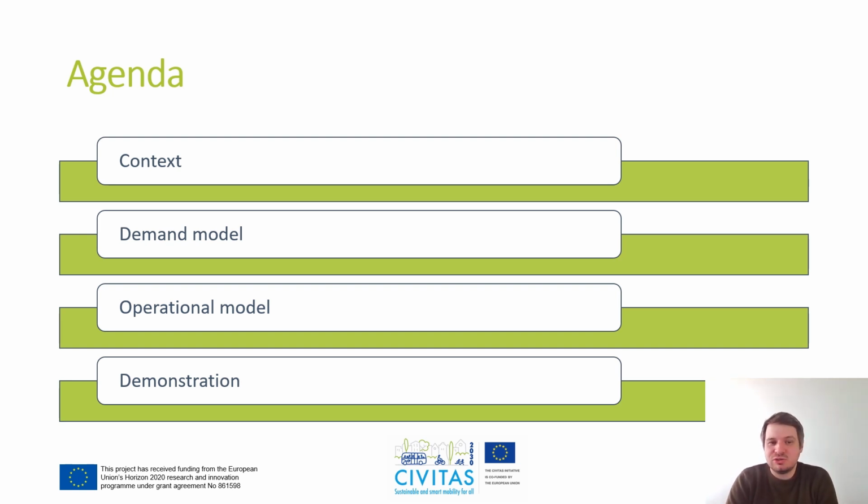And then we pass on to the operational model, which gives us information on how these parcels are delivered by the operators, including emissions and costs and so on. And finally, I will show you a demonstrator of a platform where we have integrated these models so that they can be used and analyzed to look at various potential future scenarios of parcel delivery.